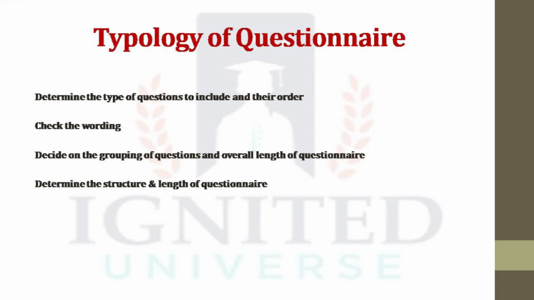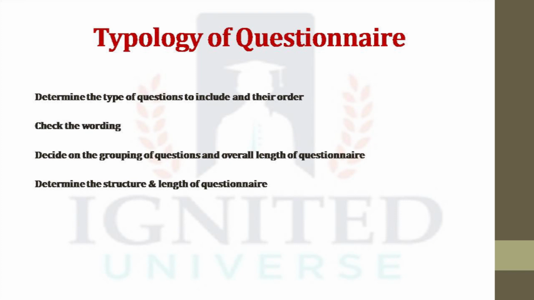For example, do you intend to buy a new AC within the next 6 months? The options are, definitely will not buy, probably will not buy, undecided, probably will buy, definitely will buy. Such a question is a multiple choice question.